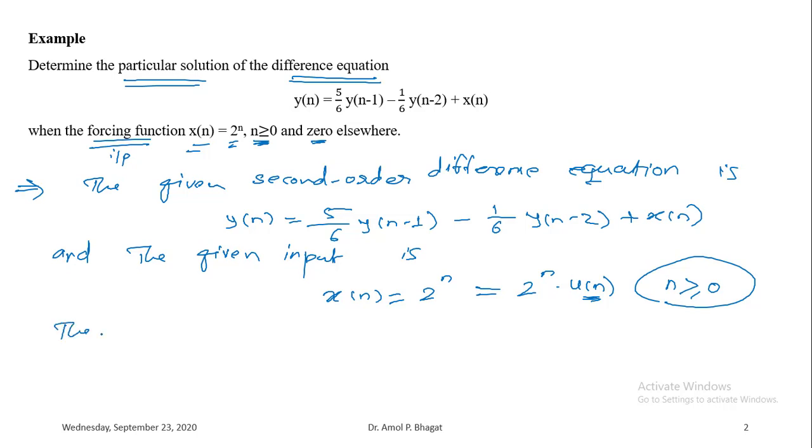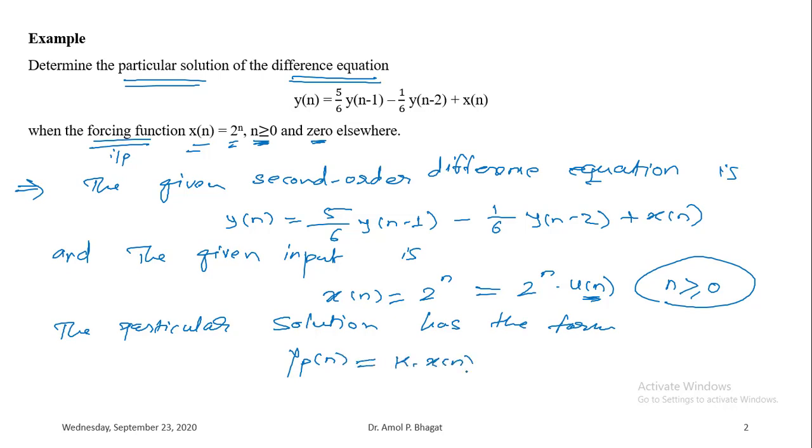So the particular solution of the given difference equation has the form yp of n is equal to k into x of n. So k into what is x of n? x of n we considered here is 2 raised to power n.